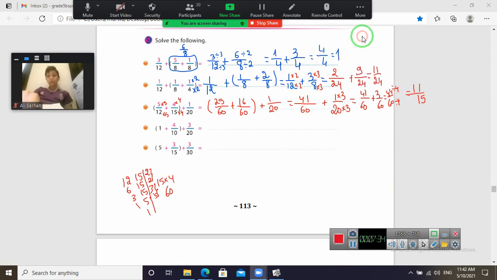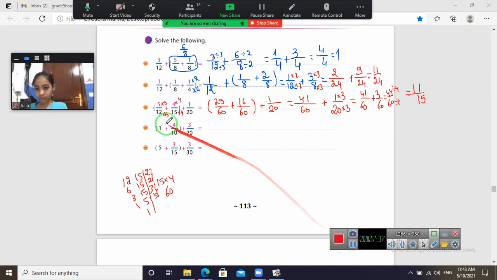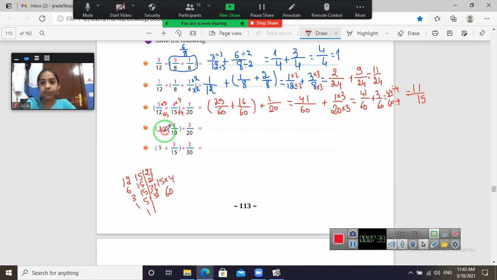It's 11 over 15. Now, as you know, when a number doesn't have a denominator, I put 1. Directly, I can multiply it by 10. It will be 10 over 10 plus 4 over 10.